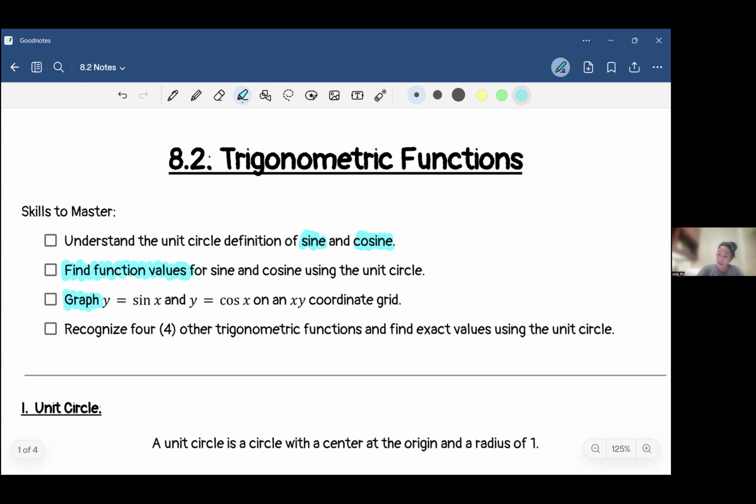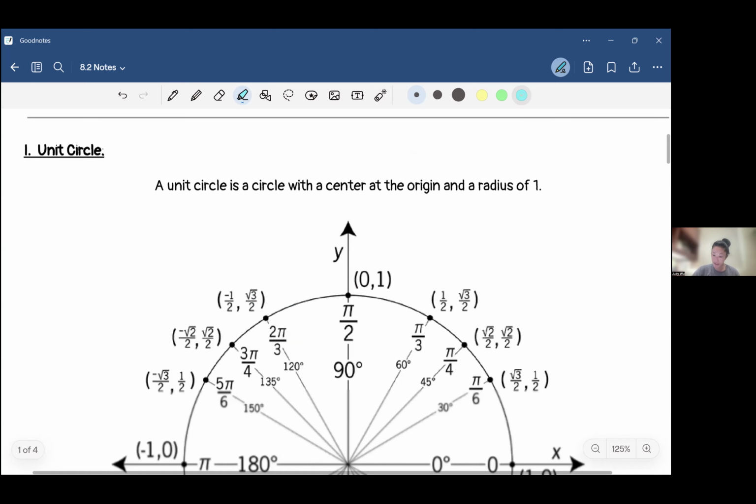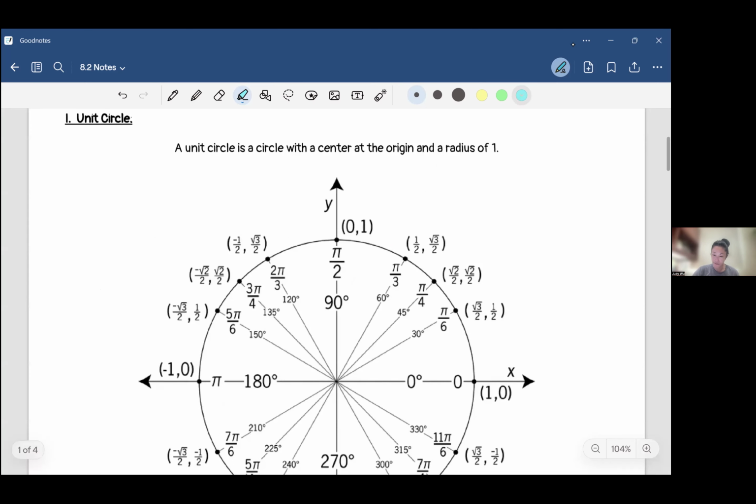And then we are also going to spend a little bit of time talking about the four other trigonometric functions. The other four don't come up as often, but I think it's important to know because once in a while they do pop up. So we'll get started with our unit circle.